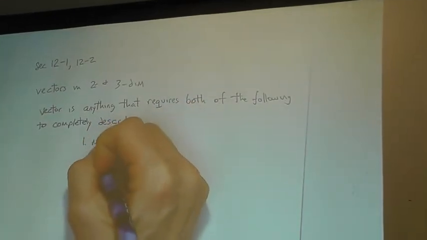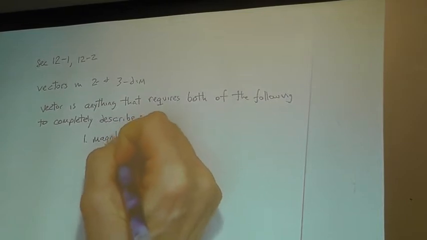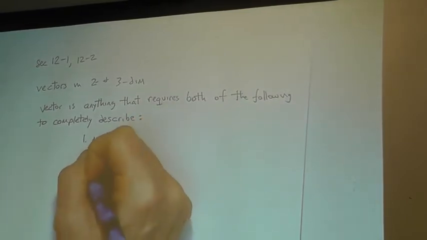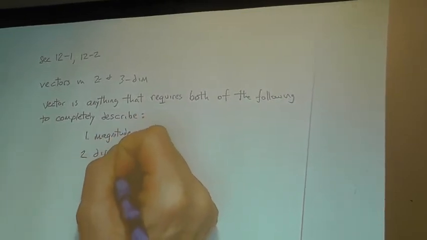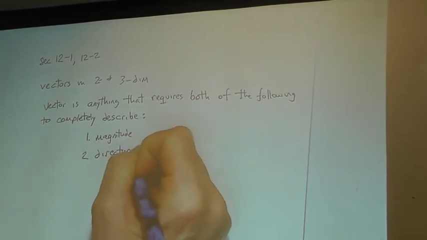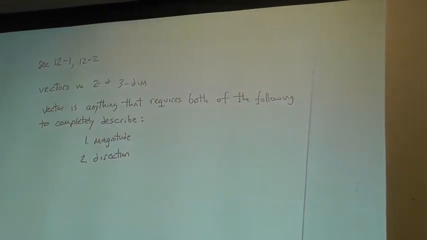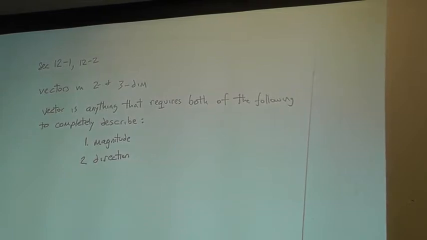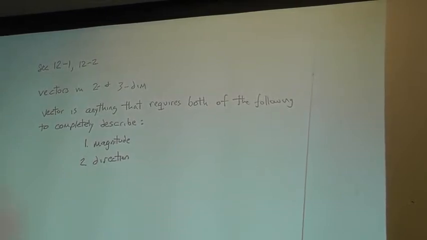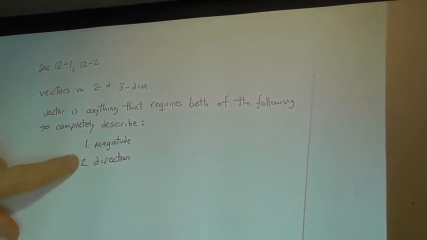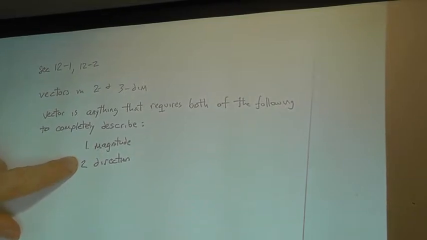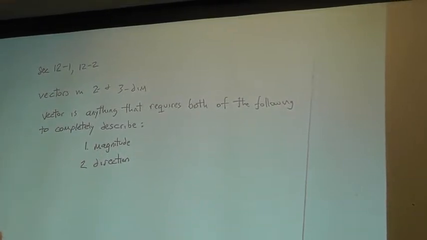One, magnitude. Two, direction. Anything that, in order to give a complete description of, you need both of these, is a vector. Examples.